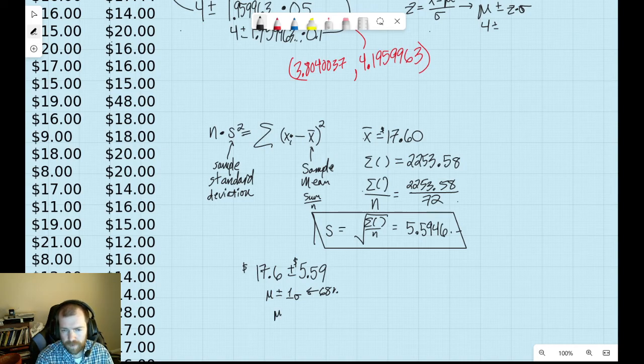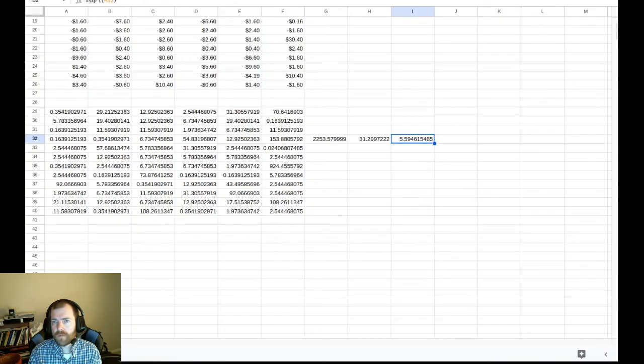But if we went with mu plus or minus 1.96 sigma, this is going to get us our 95% confidence interval. So 5.5946154565.